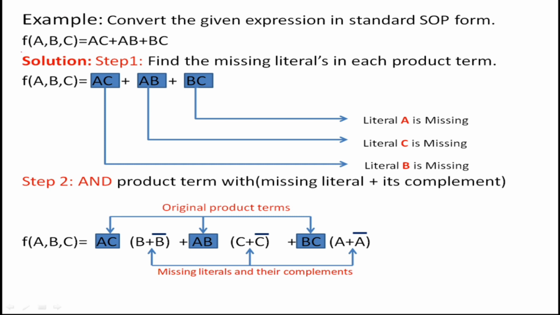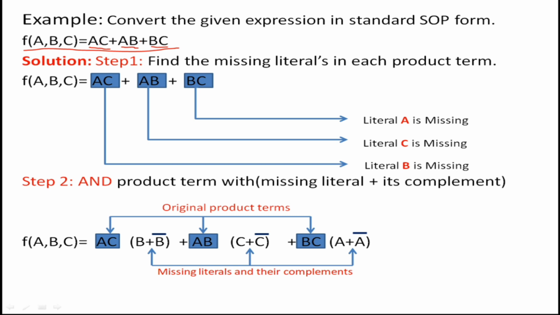We have an expression with three variables, f of A, B, C. A, B, C are the three variables, and this Boolean expression in sum of product form has three product terms with two literals: AC, AB and BC. These are the three product terms, and this expression is in SOP form, but it is not in standard sum of product form.